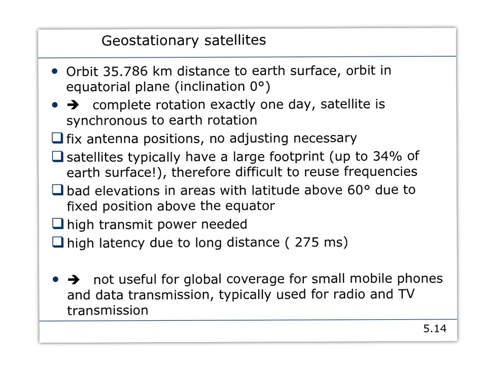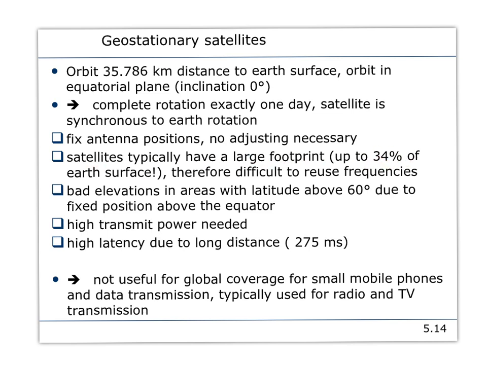So basically, they are used as relay to relay the traffic back to the gateway. That's it. You don't have ISL links at all in geostationary. So satellites typically have a large footprint, usually around 34%.